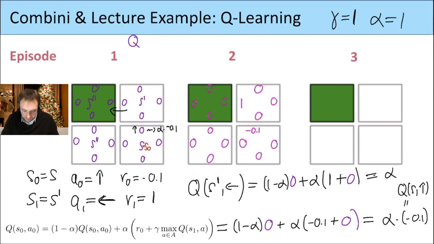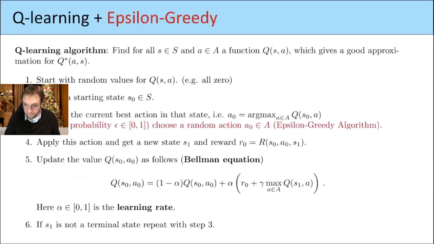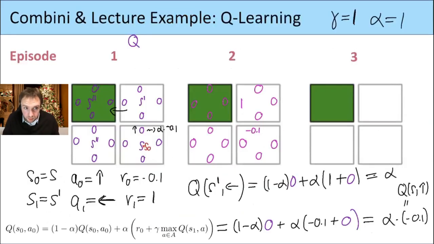And then maybe you will see this picture here that these numbers, if you do this again and again, will slowly converge to these correct orange values we want. Okay.